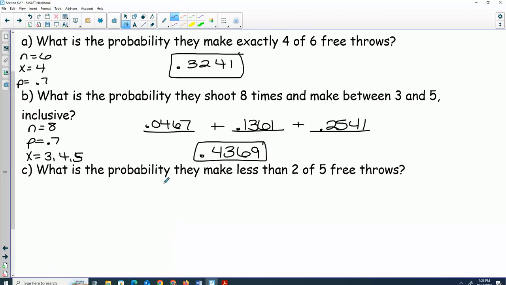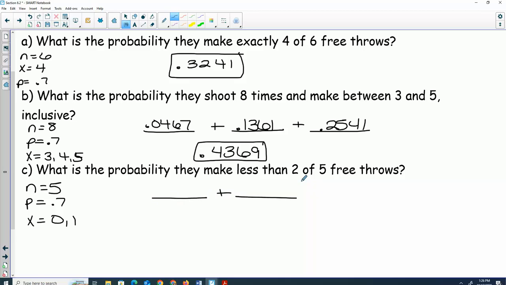What's the probability they make less than 2 of 5 free throws? So what's my N? 5. My P is still 0.7. What can X be? So I'm going to have to get both of those and add them together.